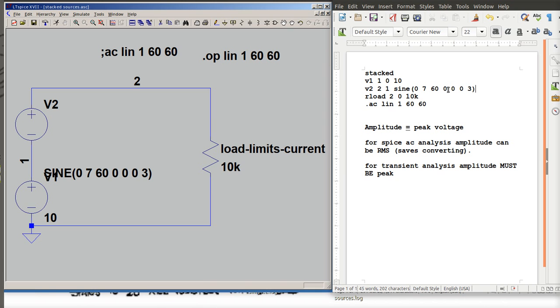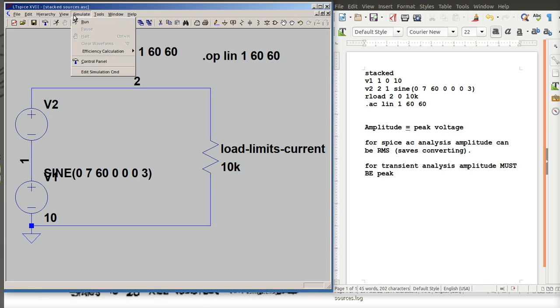Generally speaking, you can ignore the next 3. So it's 0, space, 0, space, 0 for a total of 3 zeros. Space, number of cycles, 3. So that then becomes my net list. So now I'm telling Spice this is a 60 hertz sine wave. I want 3 cycles of it, and it's got a 7 volt peak waveform.